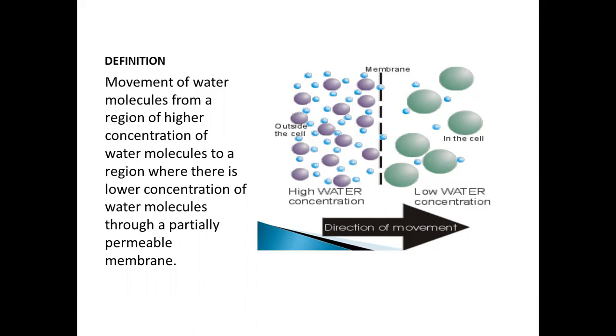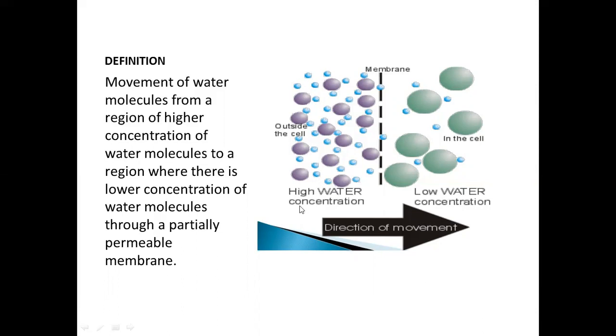So we have discussed the first difference. According to the first difference, in diffusion any solutes or gases move from a high concentration region to a low concentration region, but in the case of osmosis only water molecules move from a high water concentration region to a low water concentration region.